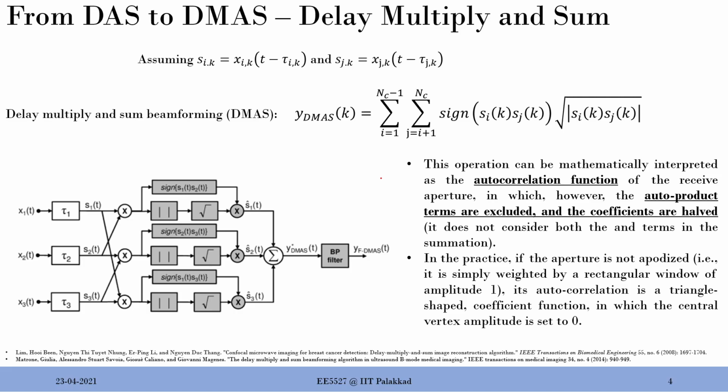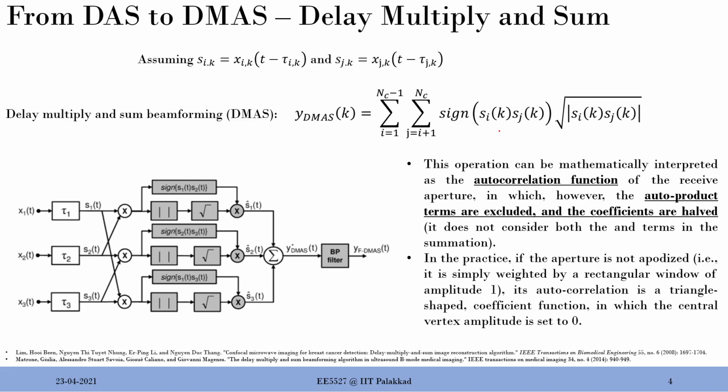If you're not understanding, I will just repeat it again. Intuitively, this particular function, the correlation between the transducers, looks like you are doing an autocorrelation, except that you are not doing self correlation, and repetitive ones are avoided. Theoretically, let's assume that all transducers are weighted equally. That means it looks like a rectangular window, and the autocorrelation of a rectangular window with itself is a triangle function, and the triangle function in this case will have a 0 at the vertex at the center because you are not doing self correlation.